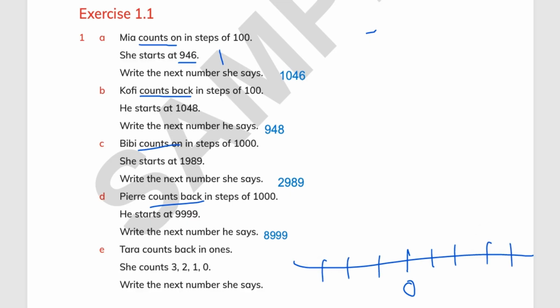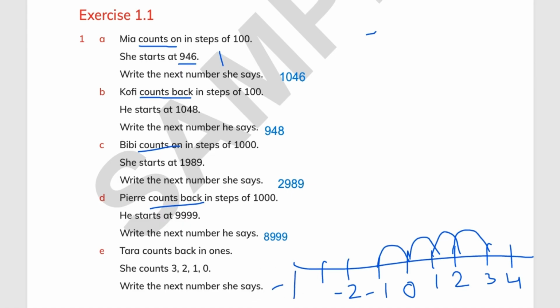And this is -1, -2. So she starts counting from 3 and counts back in ones. We don't have to go forward, we will go backward. 1 back, 2 back, 3 back. And then after 0, the next number she will say will be -1.